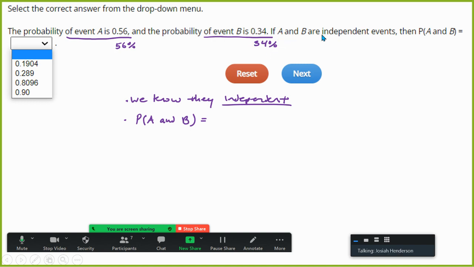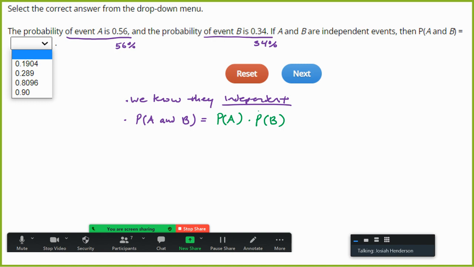If A and B are independent events, then the probability of A and B together, Delaney put this in the chat a few minutes ago, is the probability of event A times the probability of event B. The simple version, because they're independent.